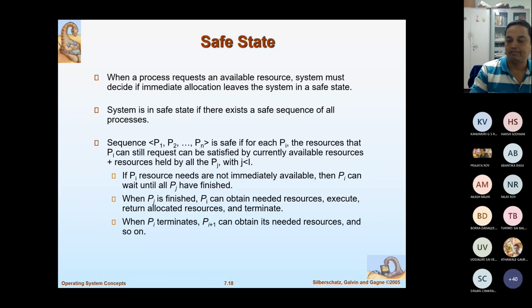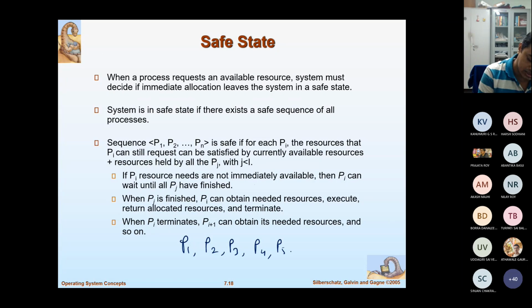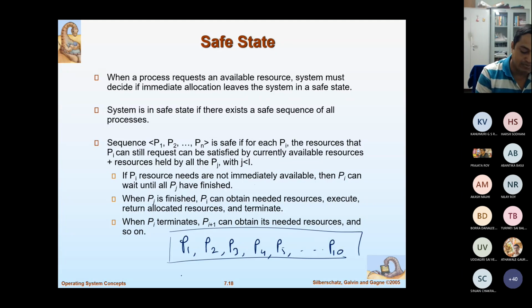That means, suppose at a particular moment you have 10 processes in the system. Each process has a maximum number of required resources.